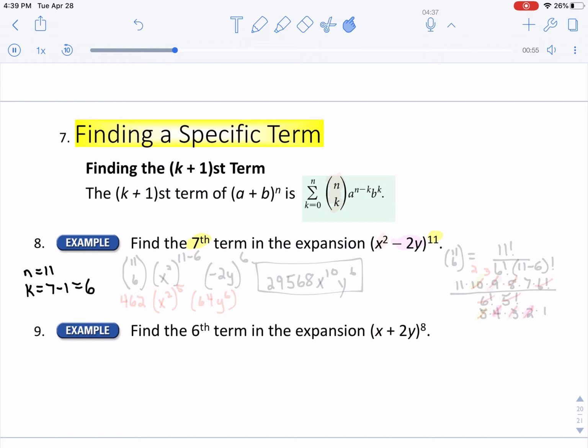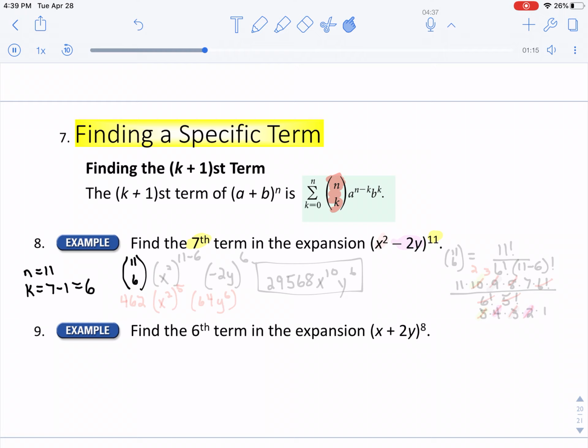Now looking at the formula, we need the combination n over k. Remember our n is 11 and our k is 6. So we need the combination of 11 over 6 times the first term of the binomial, which is the a.